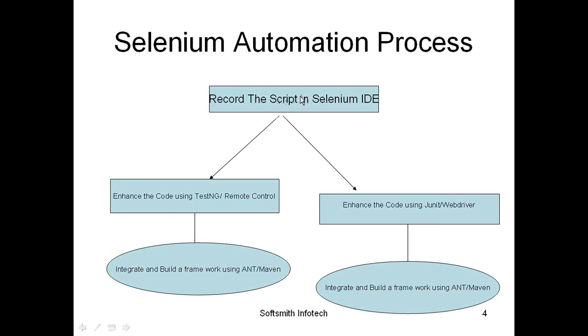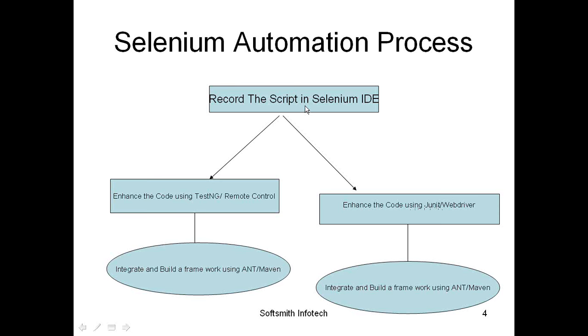Now we will take the scripts from IDE into TestNG remote control or JUnit WebDriver. This TestNG remote control is the earlier version, also called Selenium 1. This JUnit WebDriver is the latest technology used for creating scripts, called Selenium 2.